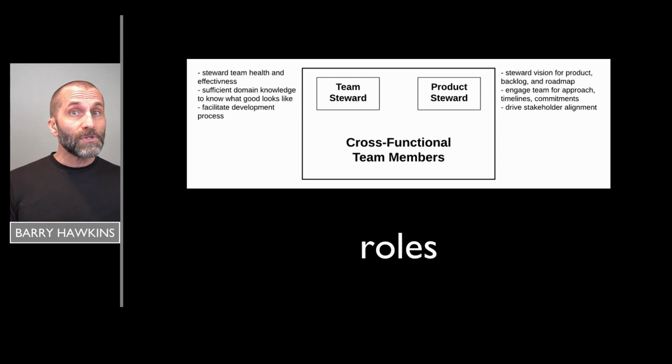A third crucial responsibility and part of the product steward's charter is to drive stakeholder alignment. This is one area where product stewards who really love and embrace their craft tend to shine, because as a team is working on their one or more products and juggling the competing priorities that the organization wants them to accomplish for that product, invariably we have to make trade-offs and we have to make shifts or pivots in what's being done and when.